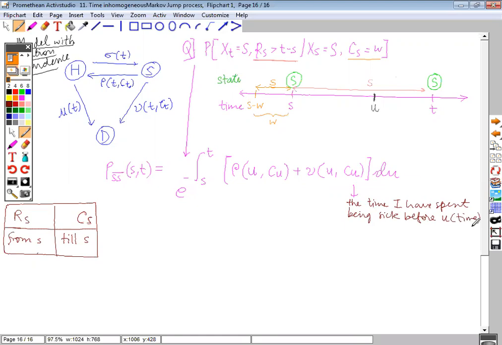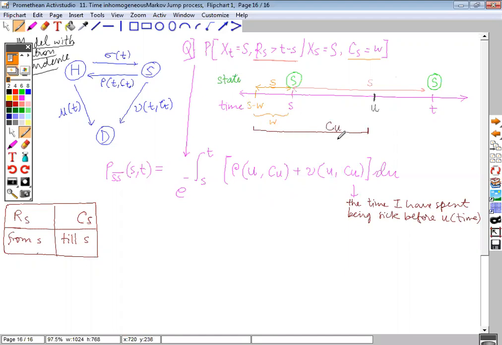So now if I have to check that, what will my CU be? I just have to measure the time I have spent being sick, right? So what will that be? I know for sure that from S minus W, I am sick. So that will just be all of this time, right? This will be my CU.